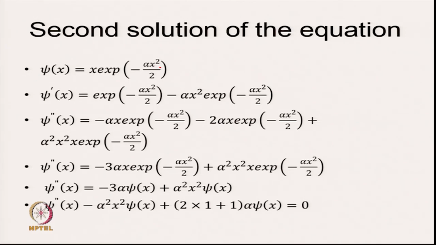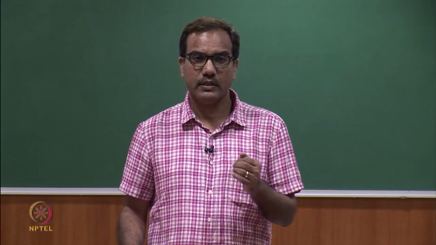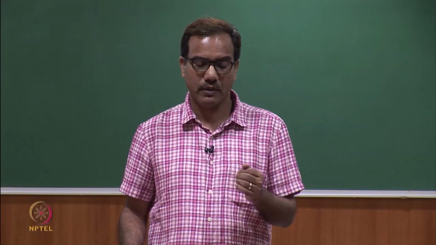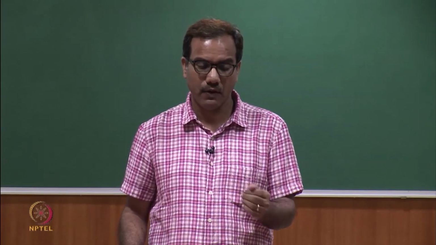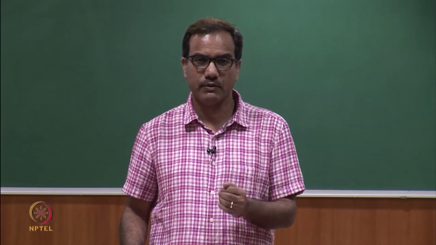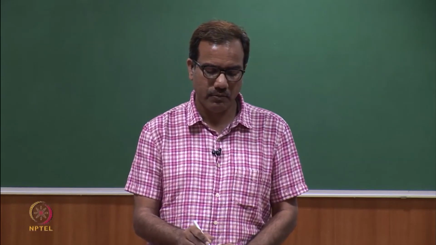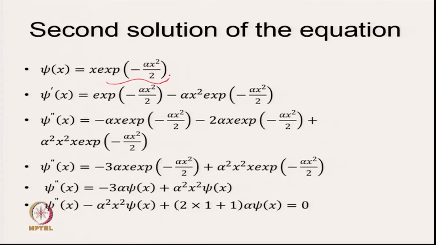So, it is different from the wave function of the ground state. The wave function of the V is equal to 0 level was simply exponential minus alpha x square by 2. But here we have another term. Differentiate it in the similar way to what we did for the ground state.